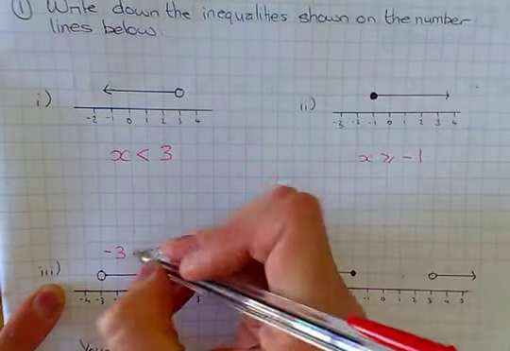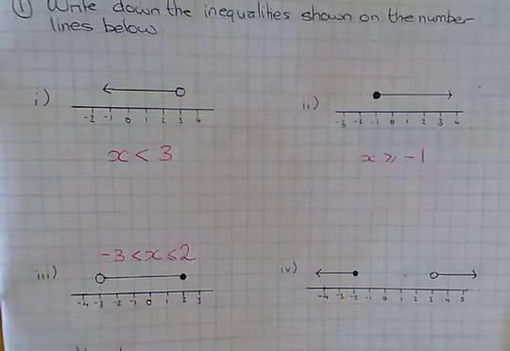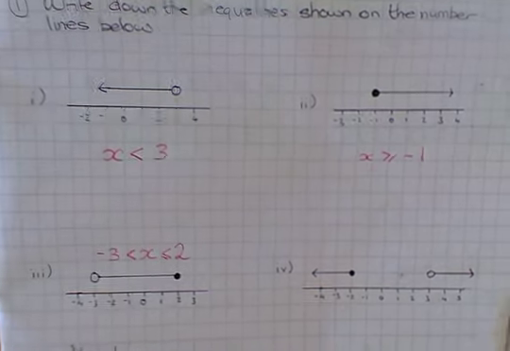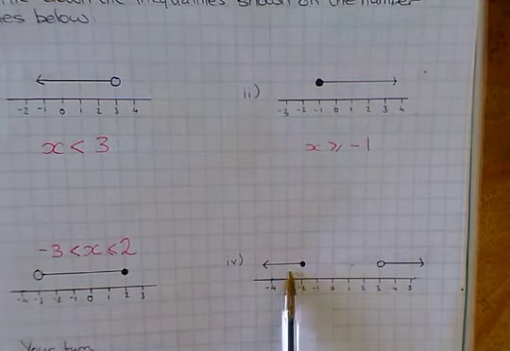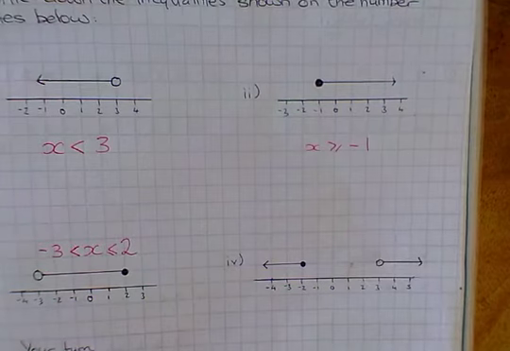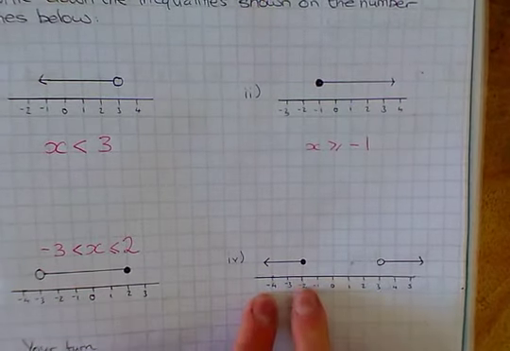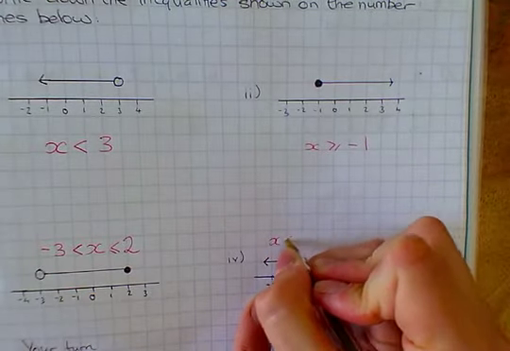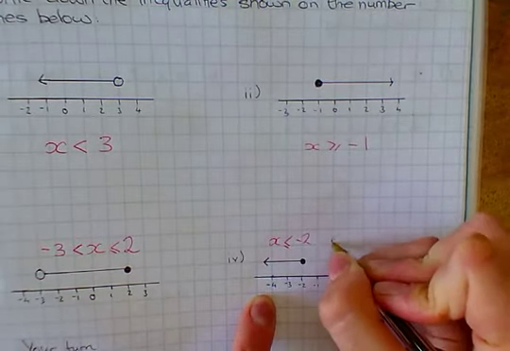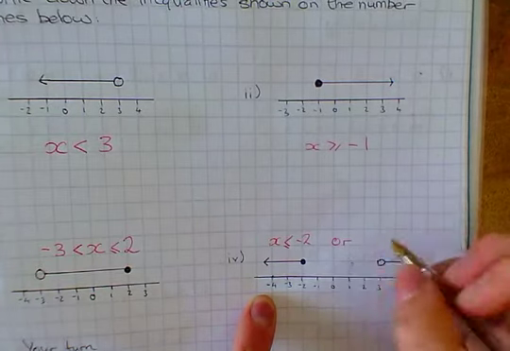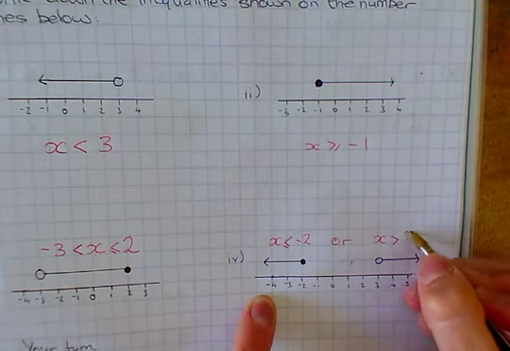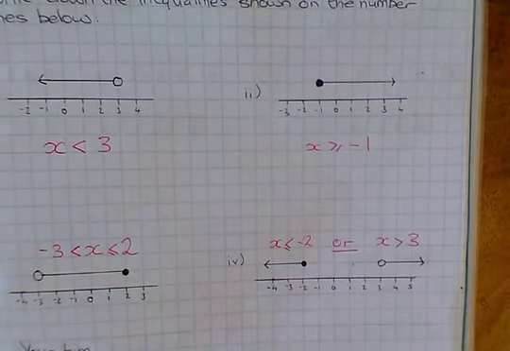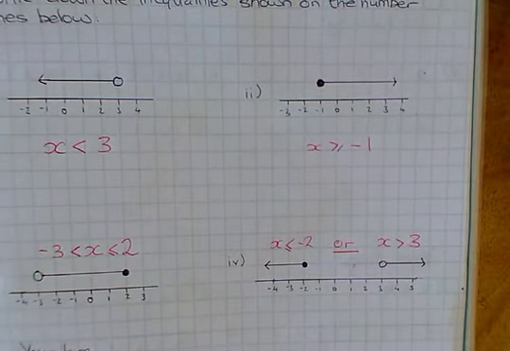And I would represent that as one writing there. Okay, and part IV, here x could be either of these. It couldn't satisfy both. So here you can see x could be less than or equal to -2, or x is bigger than 3. Now x can't satisfy both, which is why we put the or in the middle, not the and.